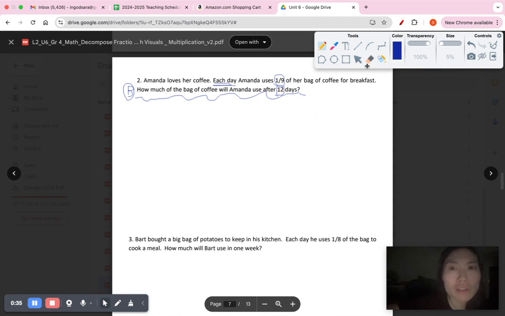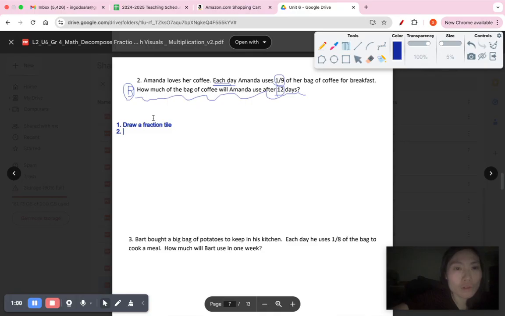What would you do first? I want you to think and also start writing down your thinking in your notebook, in your booklet. While you work on it, I'm going to write down the steps that we learned. So first, we should always draw a fraction tile.